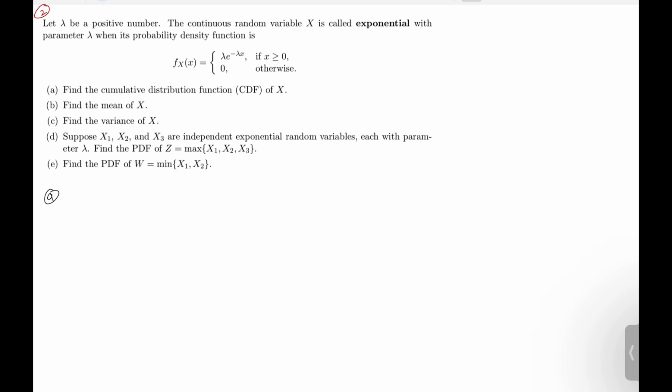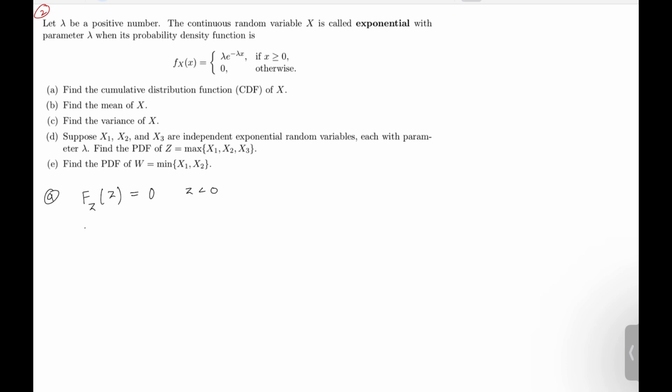So we can directly write that the CDF is 0 when z is less than 0, right? So we just need to find it for the positive part.